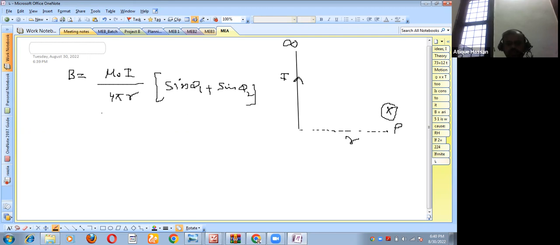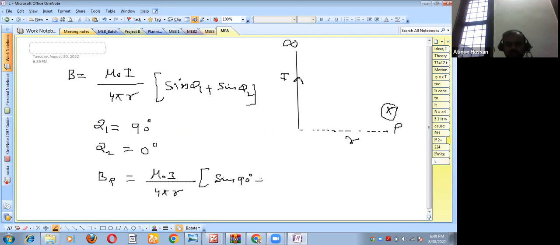Here, what is the value of theta 1? 90 degree, and theta 2 is 0 degree. So we will get magnetic field at point P as mu naught I by 4 pi r into sin 90 degree plus sin 0 degree.